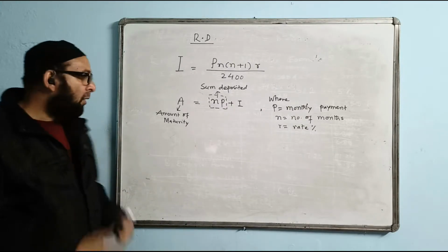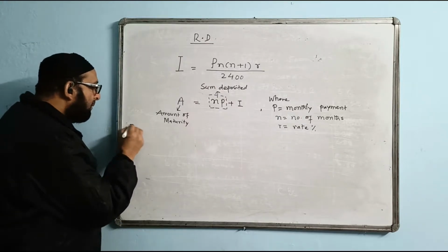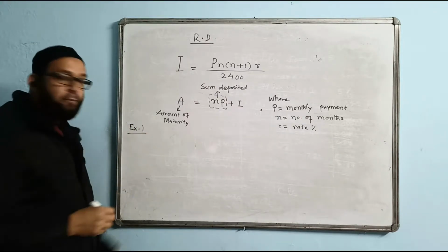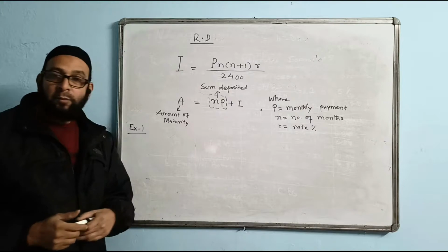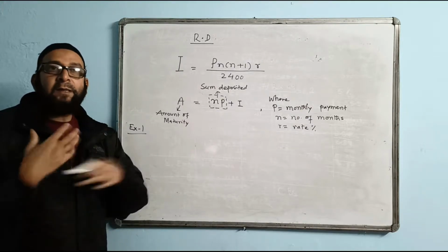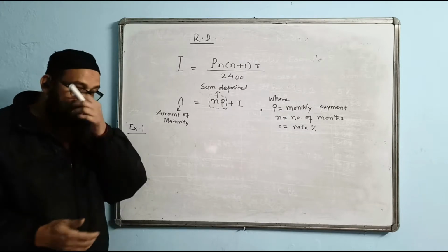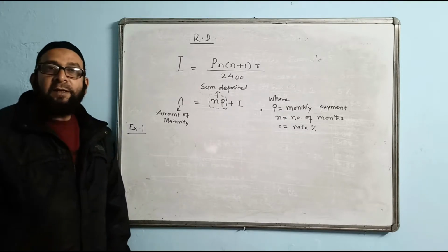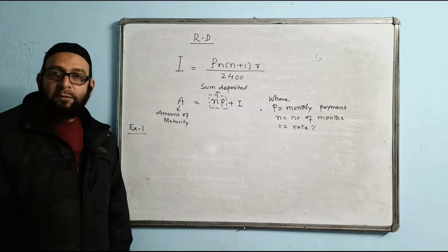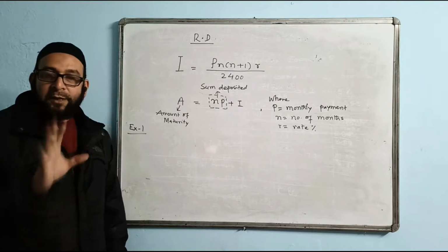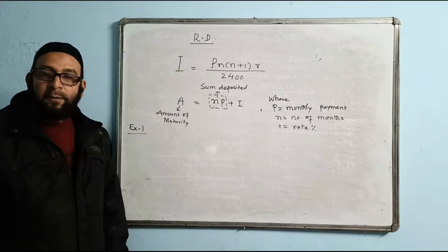Okay. Now, first I will give the example and then the proper question from the book. First you get the basics of how we do a particular problem. I am giving one example.